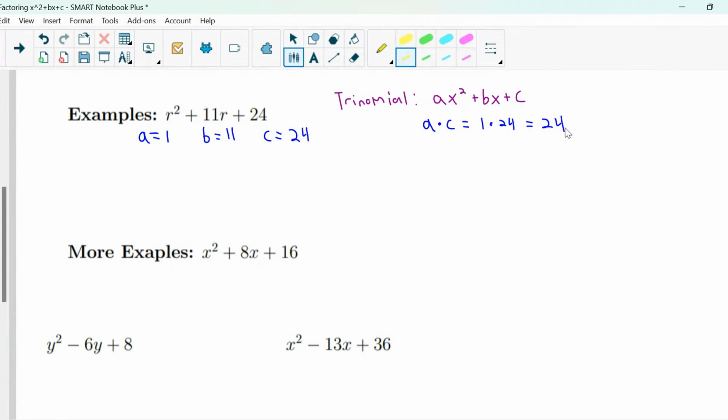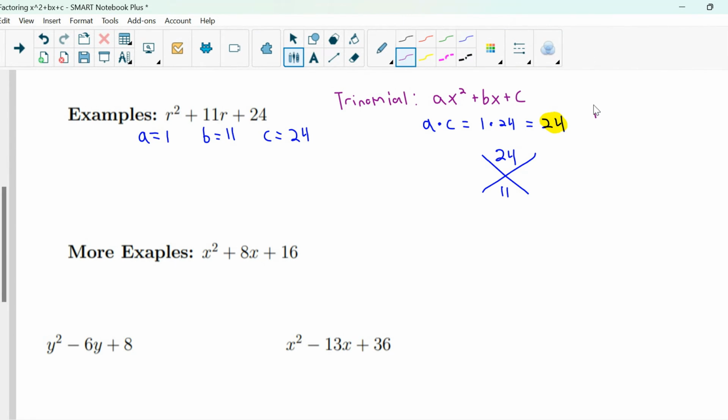Okay, so now we're going to take that AC value, and we have to ask ourselves a question in order to find our factors. So we're looking for 2 numbers that would multiply to 24 and would add to our B value, which is 11.